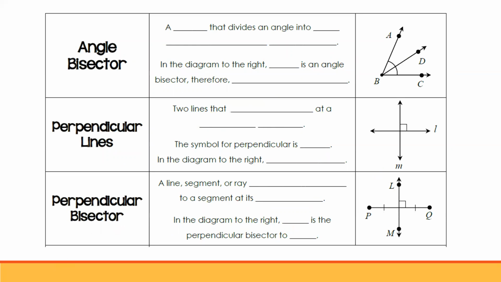All right, some more vocabulary. We've got angle bisectors. Remember that bisector means 2 sections. So an angle bisector is going to be breaking my angle into 2 equal sections. So for our definition here, an angle bisector is a ray that divides an angle into 2 congruent angles.